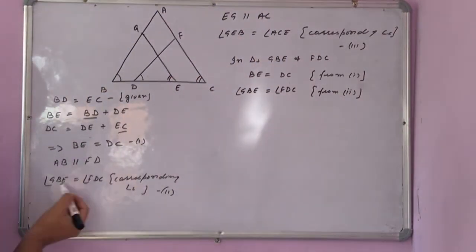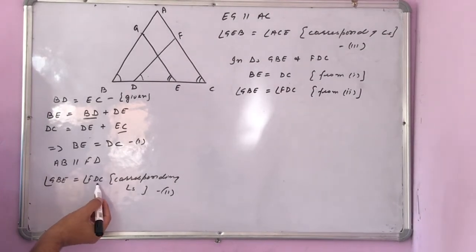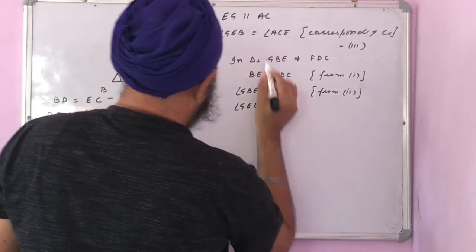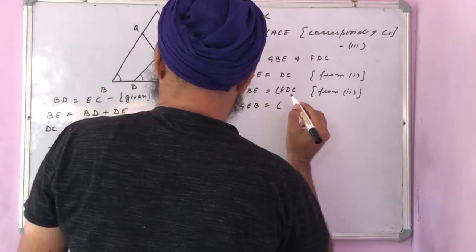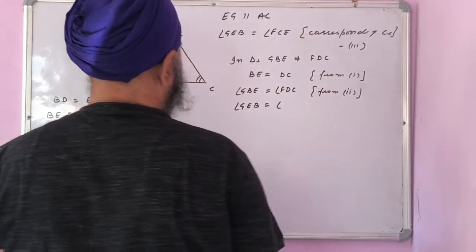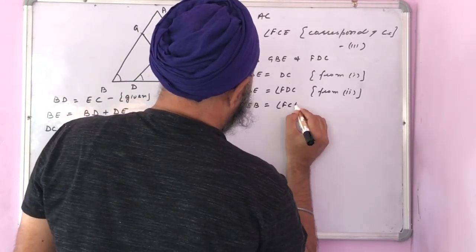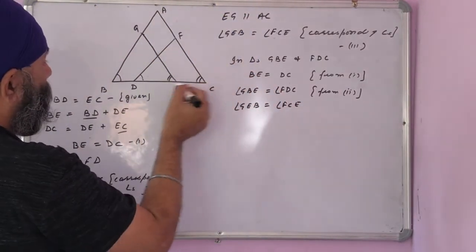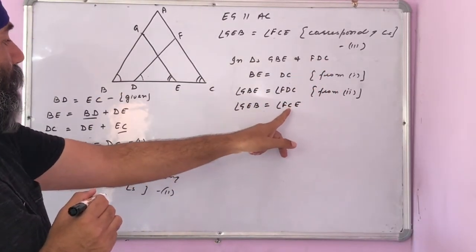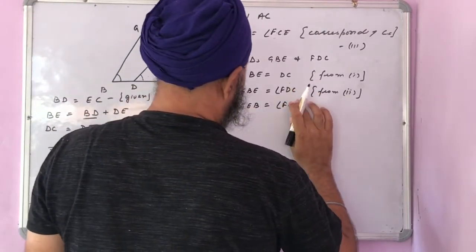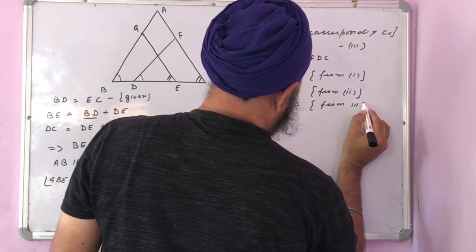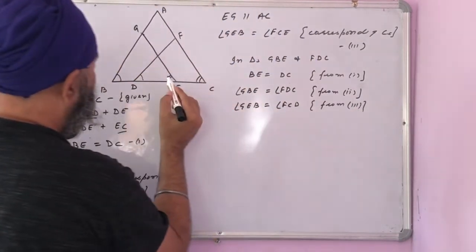Then angle GEB is equal to angle FCE, I should write. FCE and ACE are the same angle, but because I have taken triangle FDC, I write FCD, from 3. These two angles are also equal.